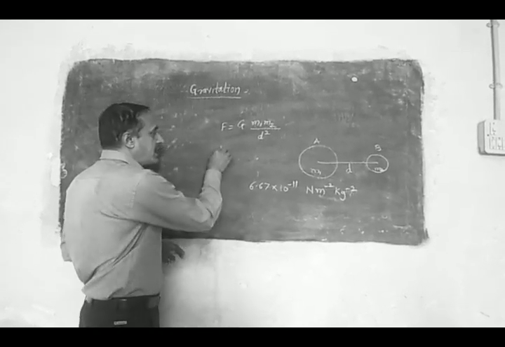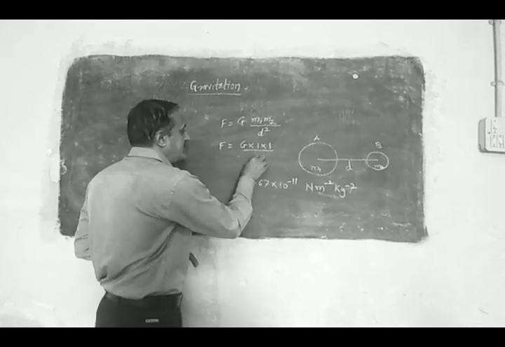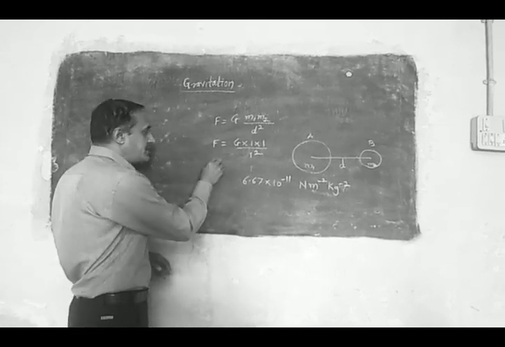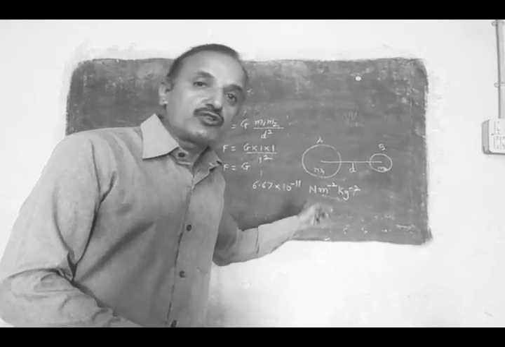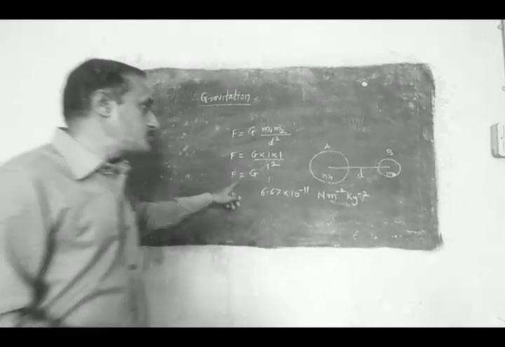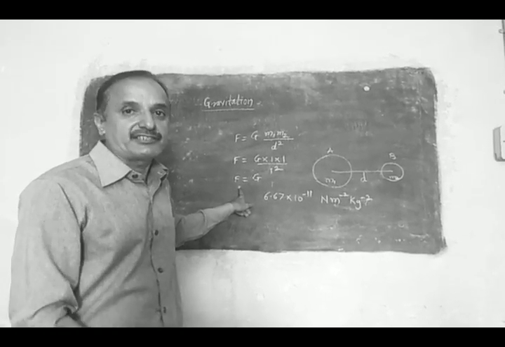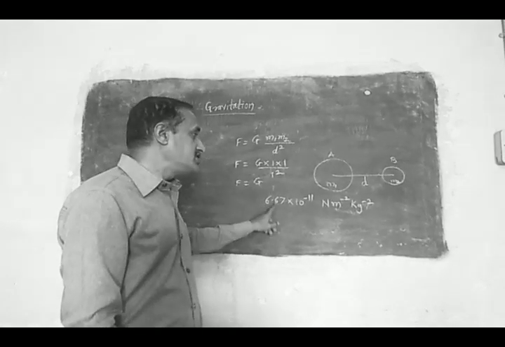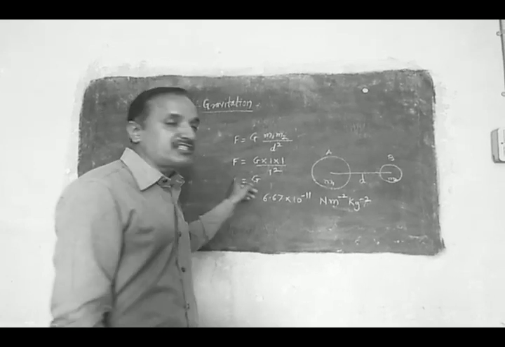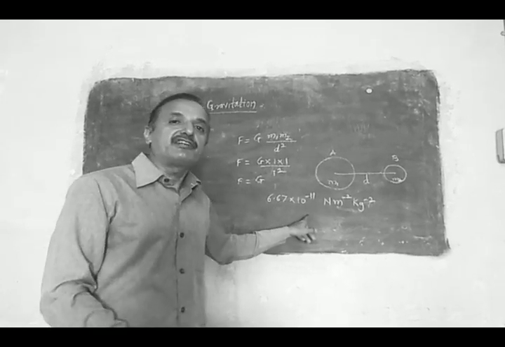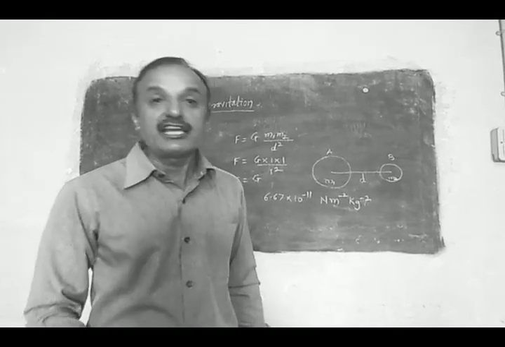So what you get is F equals G into 1 into 1 upon 1 square, so F equals G. This universal constant, capital G, is equal to the force of gravitation, that is, the force of attraction. This value was found by putting in different values and measuring the force of gravitation, and it was measured by Henry Cavendish. Its value is 6.67 into 10 raised to minus 11.